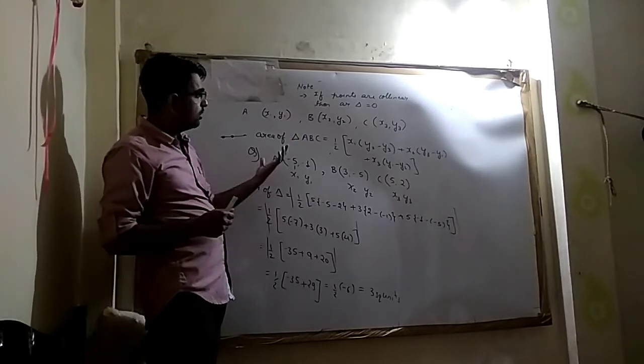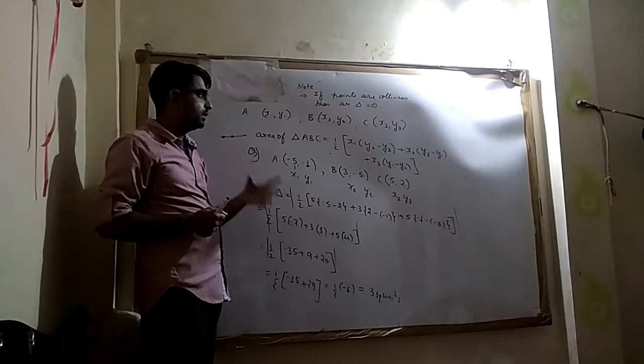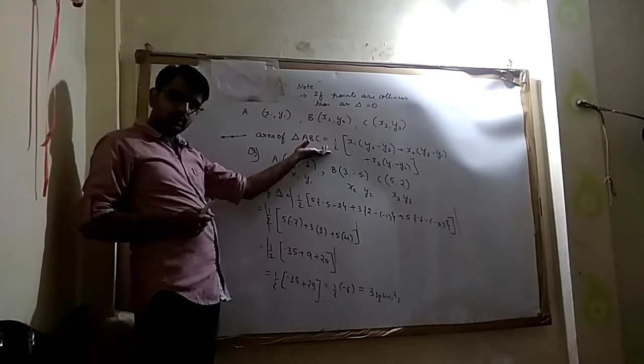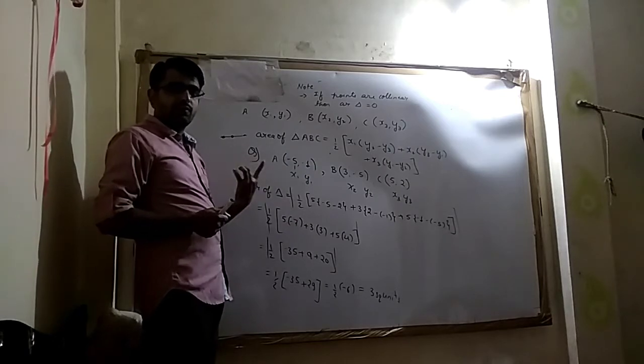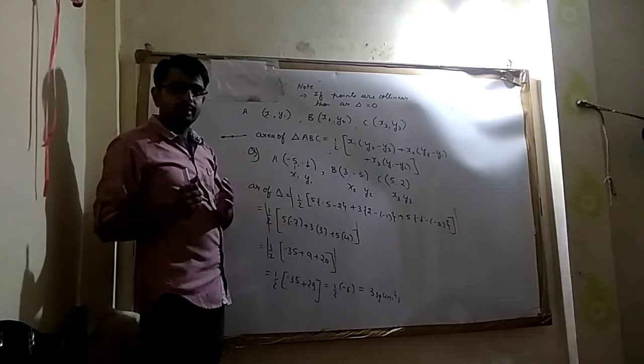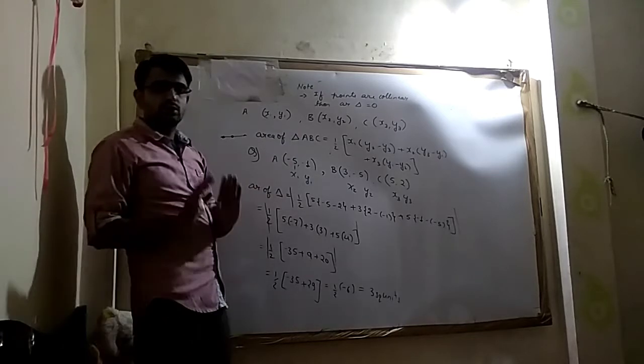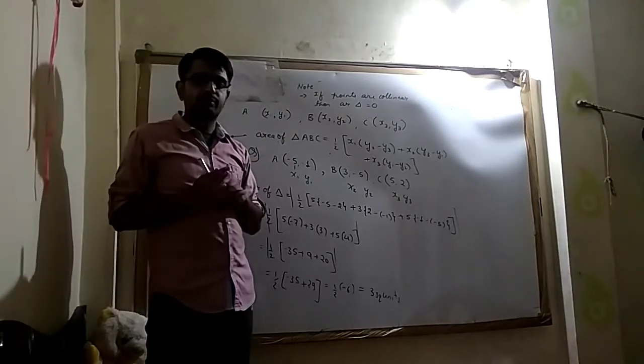So the other way of proving that the points are collinear is simple. Just put down the formula, find the area of triangle, and the area of triangle will be 0. And if area of triangle is 0, we can easily say that the points are collinear. So this is all about coordinate geometry.